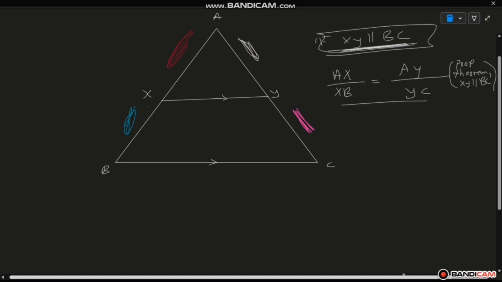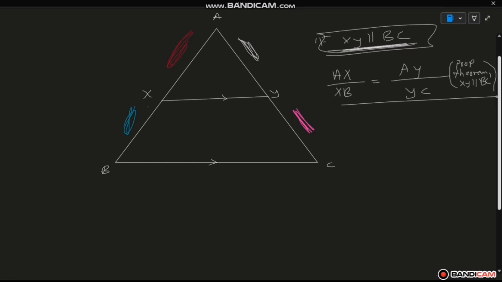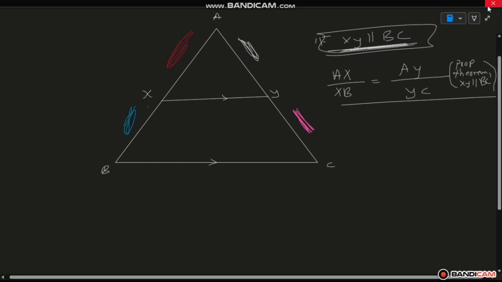This is very, very important. Then you can continue to solve whatever they want you to solve. So the most important thing is for you to find the proportionality theorem. Then that's it. You can continue with whatever you want to do. I'm not sure if you guys are understanding this.